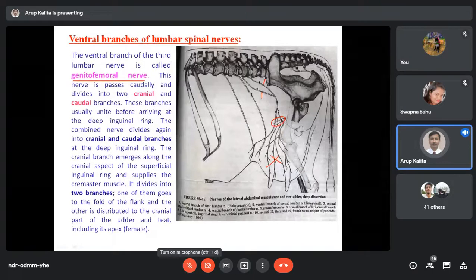So what is my point to tell you? The first lumbar ventral branch of the spinal nerve is known as iliohypogastric. The second one is known as ilioinguinal. The third one is known as genitofemoral. Remember, all these three will supply the ventral abdominal region.